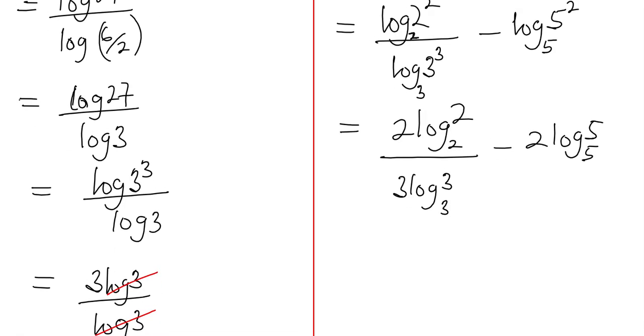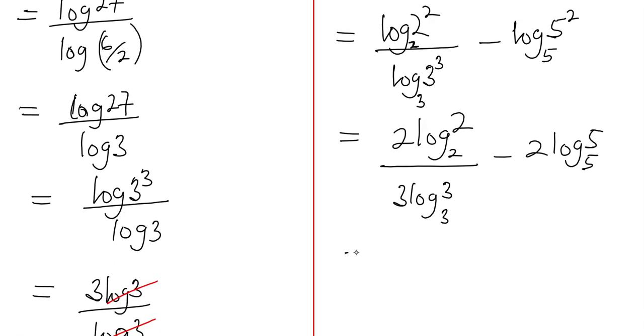Now we said that the logarithm of a number to the same base gives us 1. So with the numerator, logarithm of 2 to the base 2 gives us 1. So we're going to have 1 here, divided by, the logarithm of a number to the same base gives us 1, so we are going to have 1 here, minus, the same thing applies to this one, log 5 base 5 gives us 1.